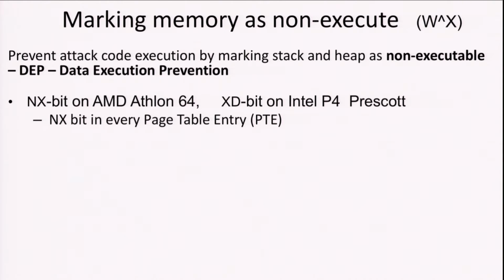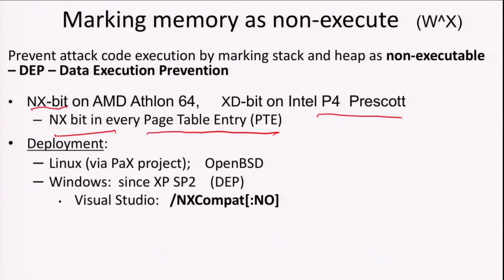So there is a specific bit that was introduced in Athlon 64 as well as in Intel P4 Prescott onwards. So this is a processor architecture level solution, and this NX bit is there in every page table entry. So any page that has the memory for this stack will not be executable, and the NX bit is set to 1 if it is not to be executed.